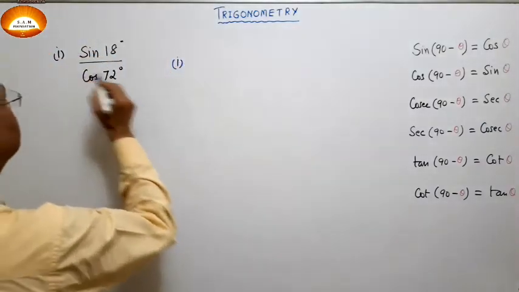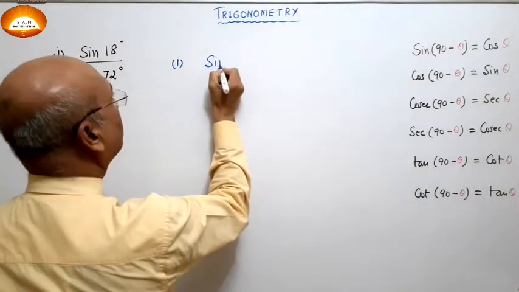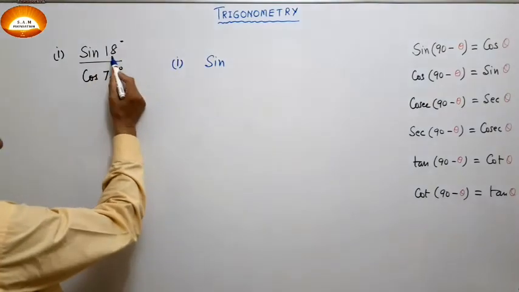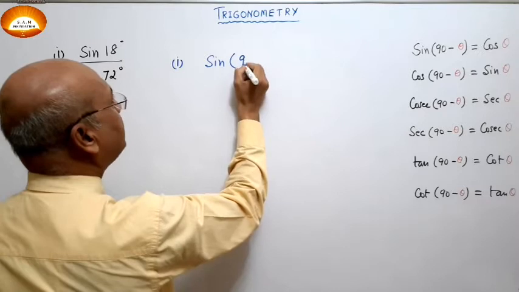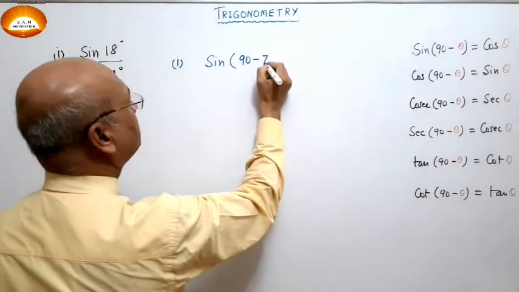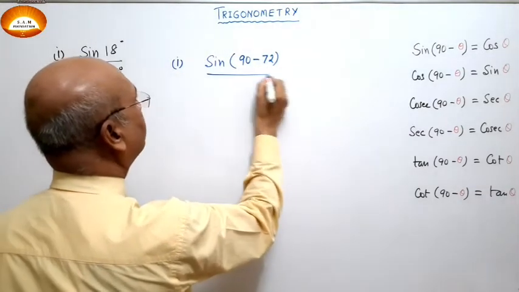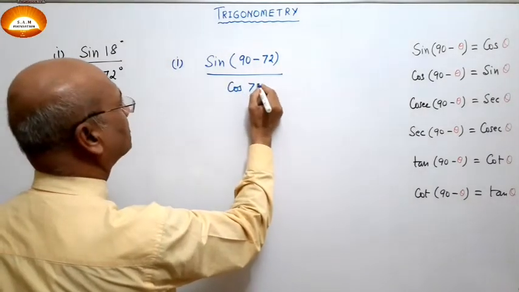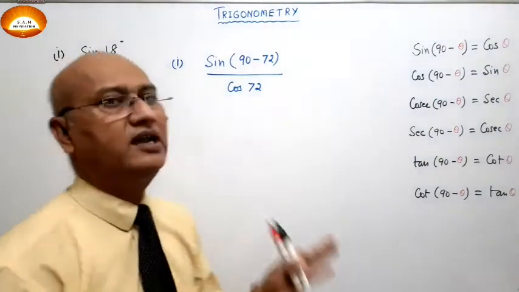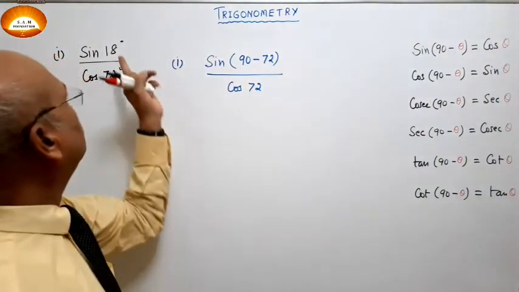Okay. So sine as it is. Now this 18 I am writing as 90 minus 72, upon cos 72 as it is. So what exactly have I done? I have brought the change in the numerator part.